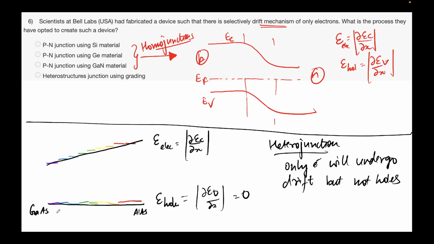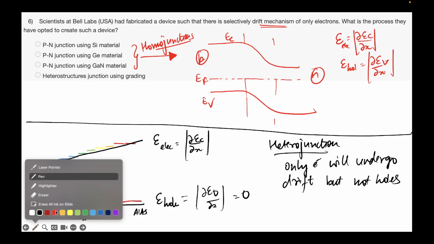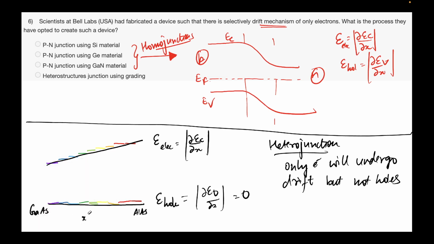In the middle, however, we have aluminium X, gallium 1 minus X arsenide, and X is increasing in this direction.